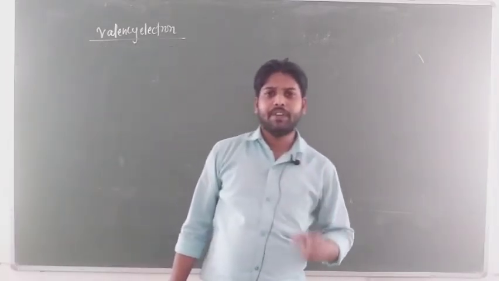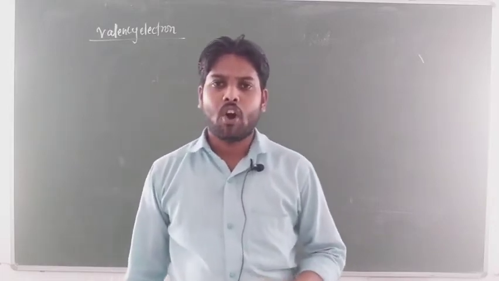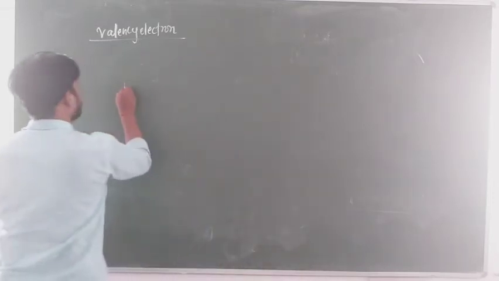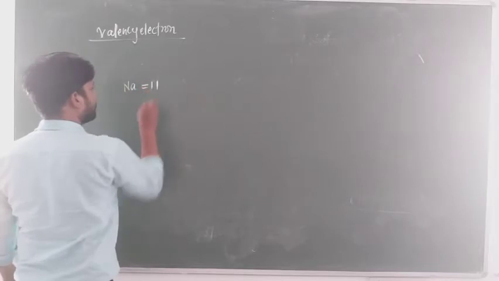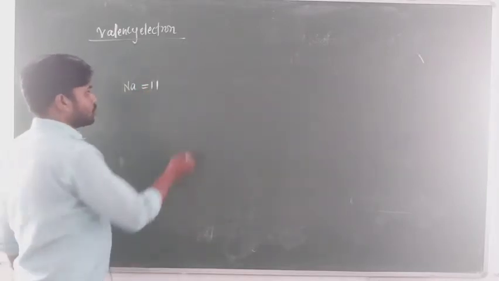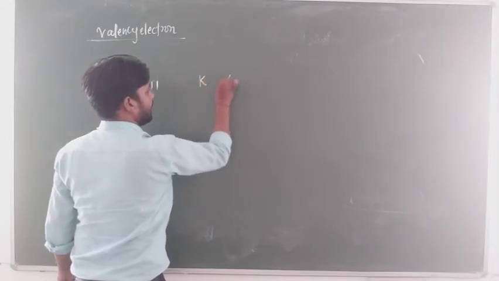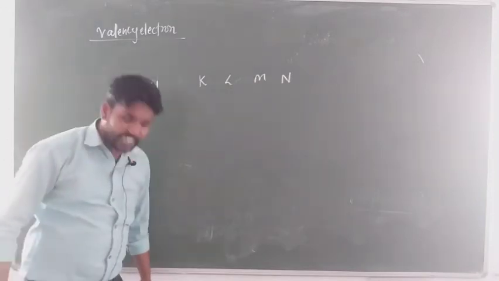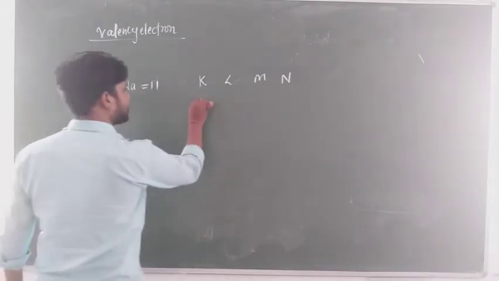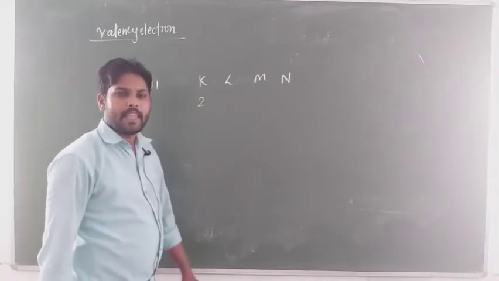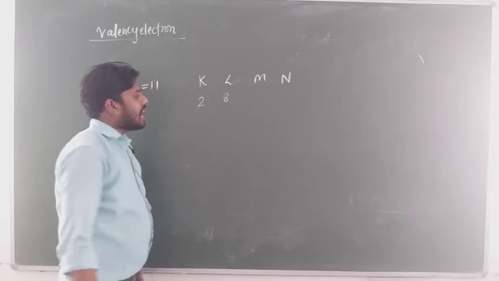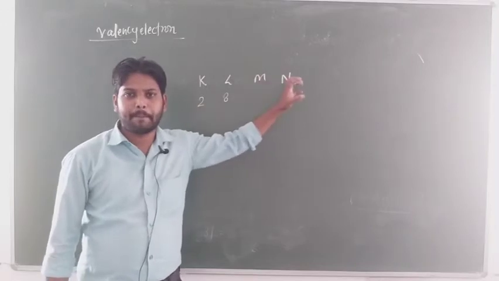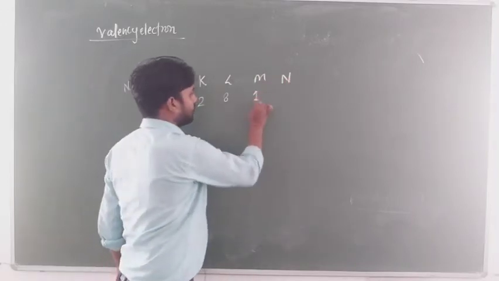Students, if we distribute the electrons of sodium, suppose sodium has atomic number 11, then according to Bohr, K, L, M, N. Now distribute its electrons. First K accommodates 2 electrons, L accommodates 8 electrons. After filling 8 electrons, the remaining electrons will jump into the next cell. So it will contain 1 electron.